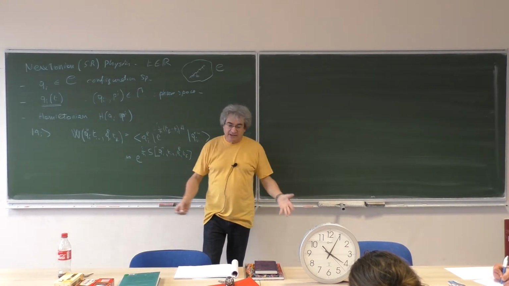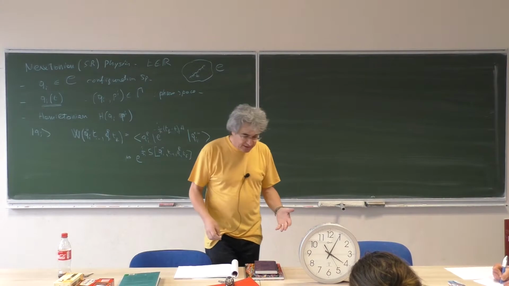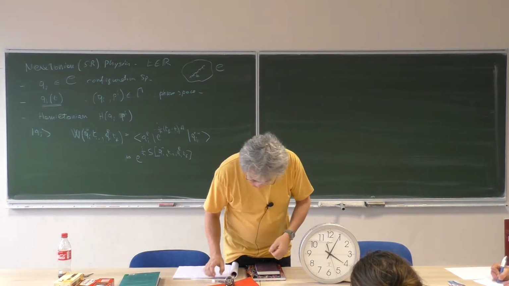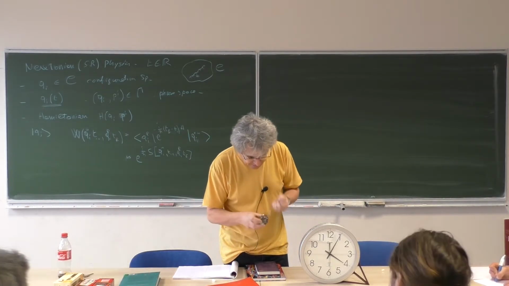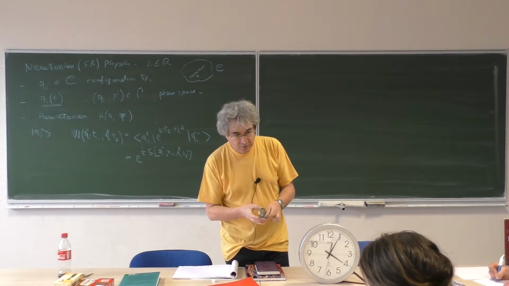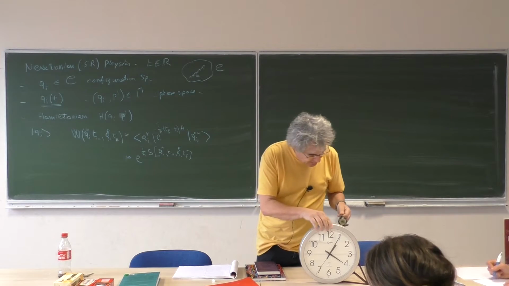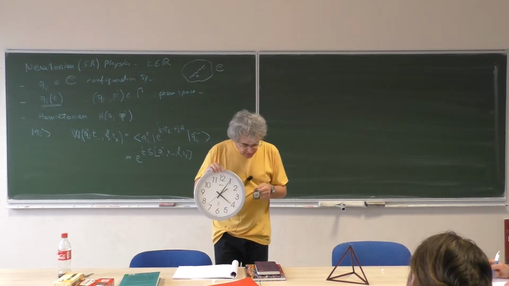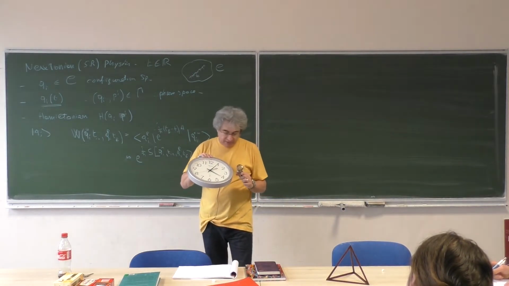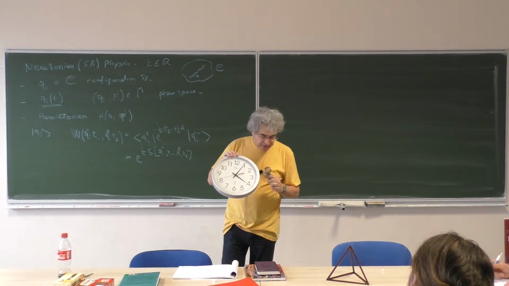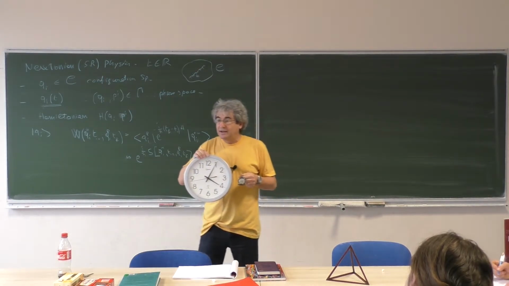Now, why did I say that? Because physically, if you take this thing here and another clock, this is another wonderful clock from Daniel, and they indicate the same time, which they should, if they're good clocks.